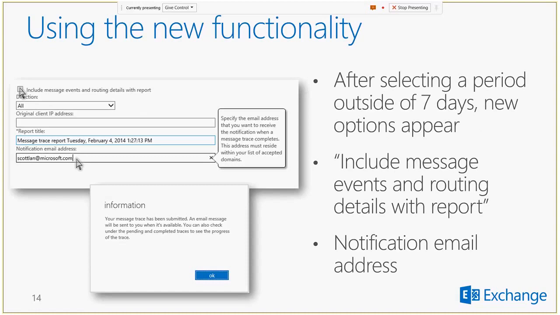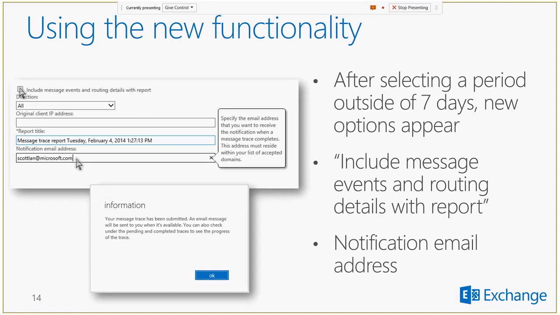It also allows you to specify a notification email address, as I mentioned before, an email address that you'll be notified at when the job completes. You can title the report that you're going to issue, and you can also filter by client IP address if you'd like. I don't necessarily recommend that, but it is one additional filter that is exposed in the UI.